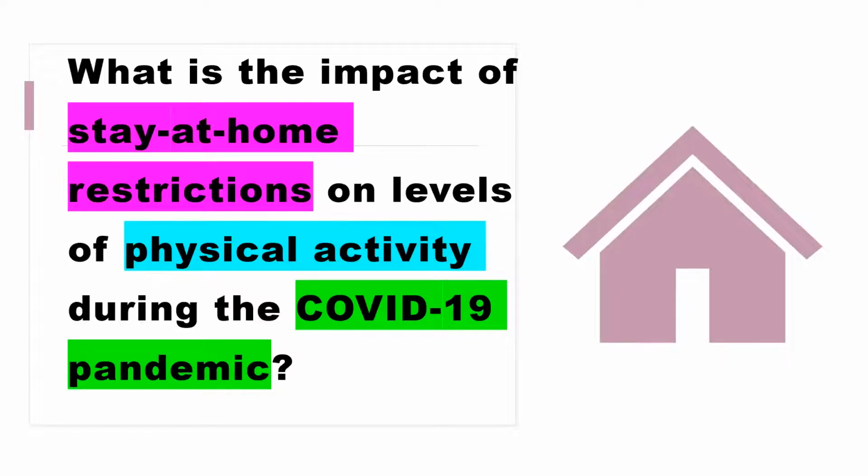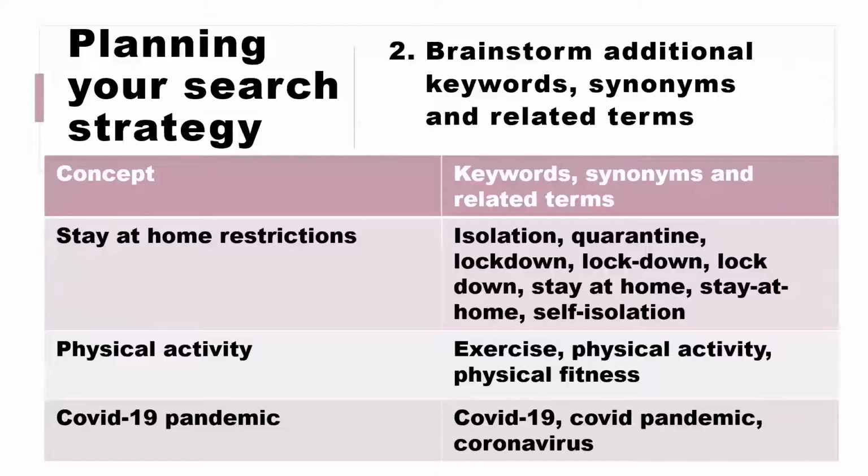If you're answering a clinical question, it might be the population, the intervention and the comparison, or something like that. But often you'll find about 3 concepts that all have to be included in order to answer your question. So the next thing you do is brainstorm some additional ways of describing those concepts.